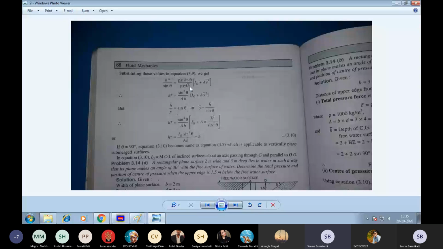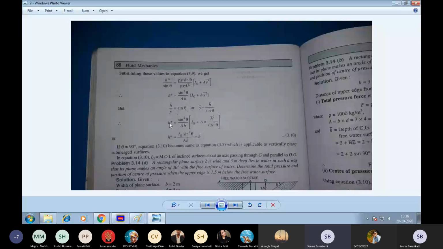Therefore, finally, the equation is sine square divided by a into h bar into Ig plus a into y square bar. Now from the equation h bar divided by y bar, which is equal to sine theta, therefore y bar is equal to h divided by sine theta. In this equation, replace the value of y square bar as h square bar divided by sine square theta.